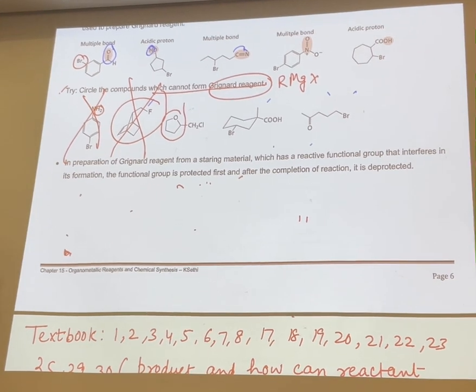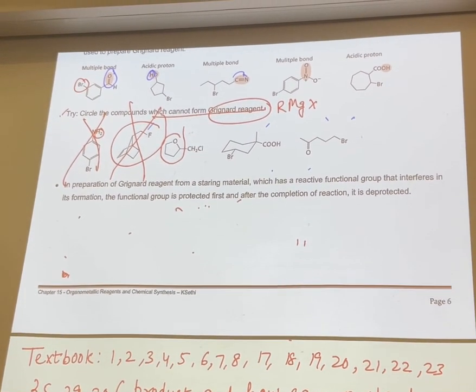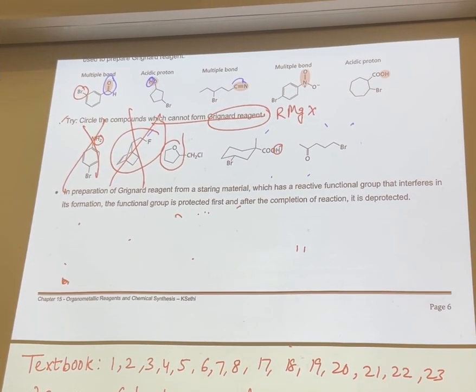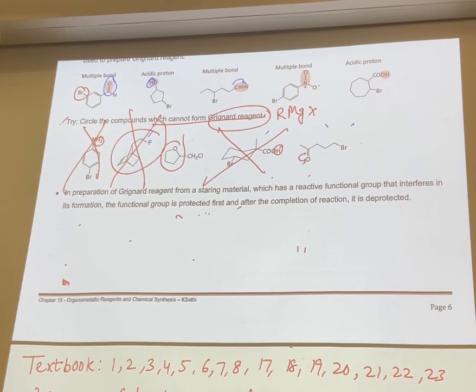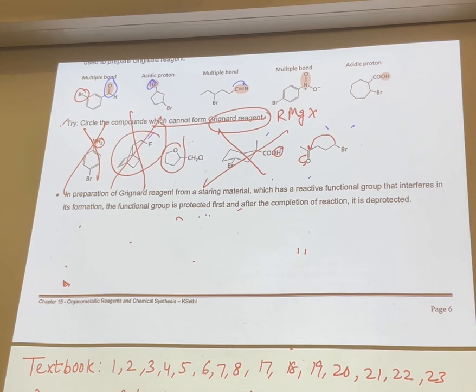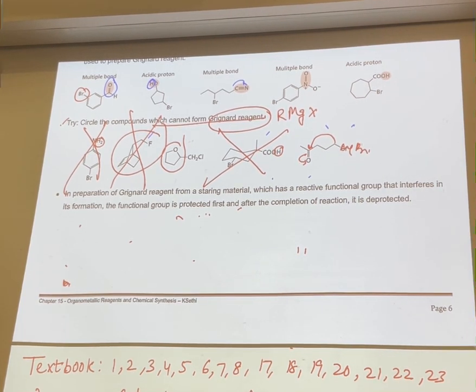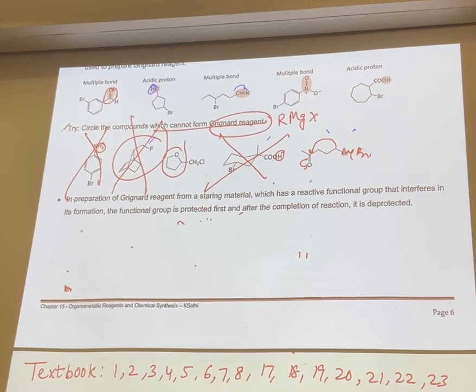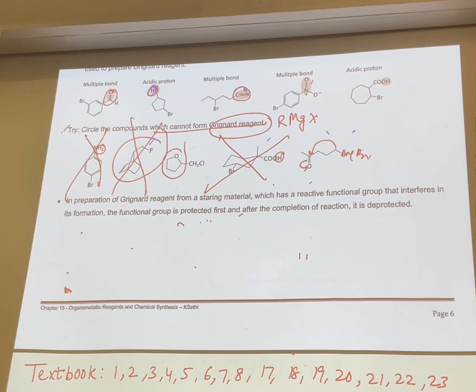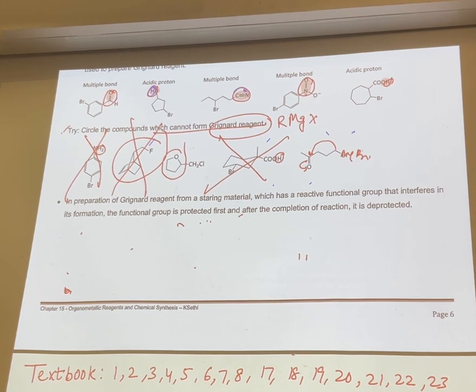So Grignard says, yeah, make it. Then I saw acidic hydrogen, and I said no. Then anything with a multiple bond, the nucleophile will attack there if you make MgBr. That's what I've written on top: multiple bonds, acidic hydrogen, they never form Grignard.